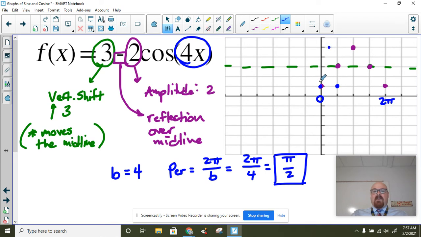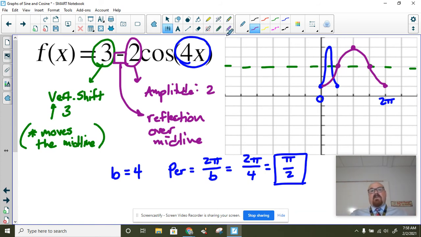So we end up with a cosine wave like so, instead of what it should have been, which is right here. So we've squeezed from the sides. That's our horizontal compression.